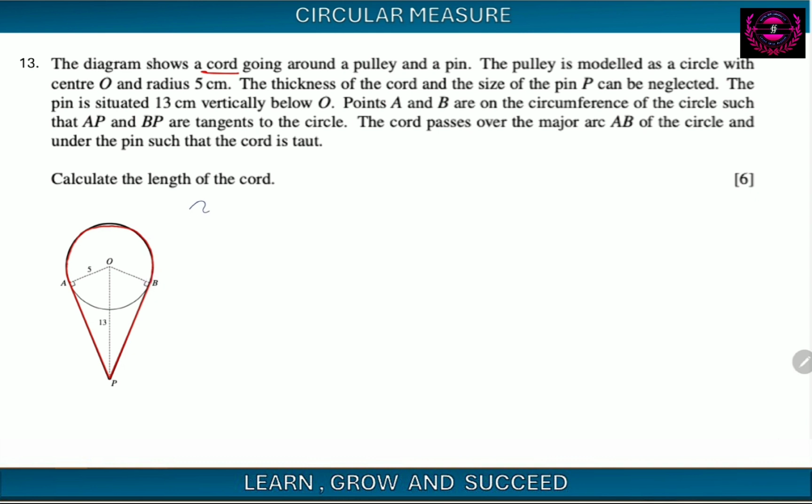So the length of cord equals AP plus BP plus arc length AB. This is the major arc length, you can write.